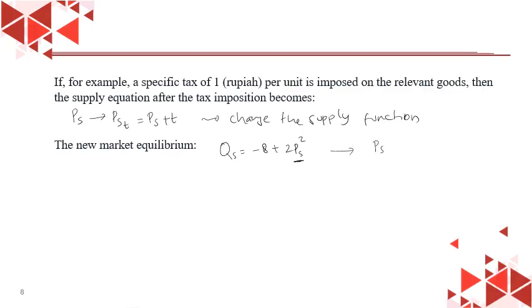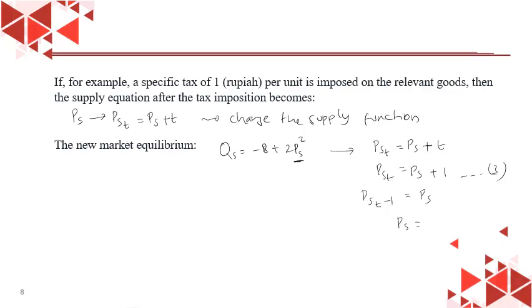Since PST is equal with PS plus tax, and the tax is 1, this is our third equation. PST is equal with PS plus 1. What is PS then? PS equal with PST minus 1.